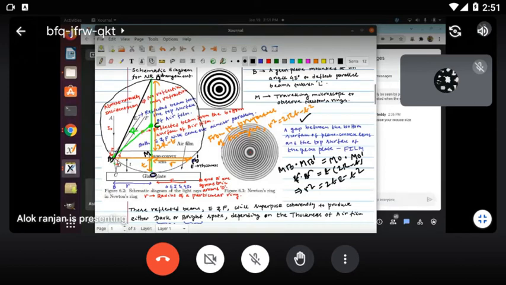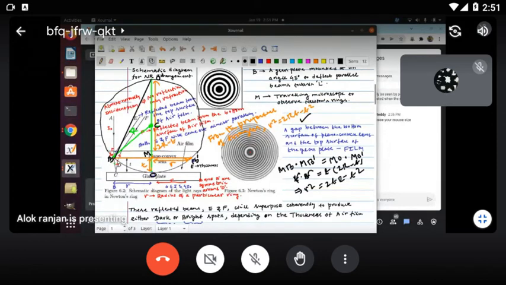So I can choose different colors. Yes, we have colors. But what will happen? Will it affect the diameter of the Newton's rings? Will it affect the intensity of the Newton rings, or will it affect other things? Diameter, sir. Yeah. The diameter will be affected because lambda will change.